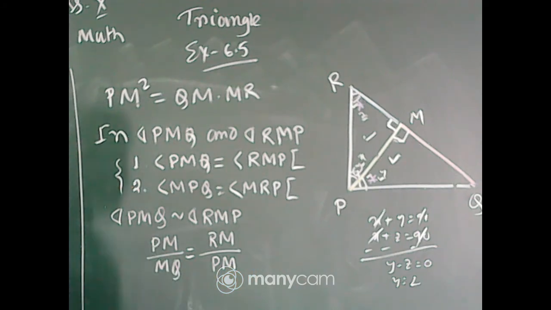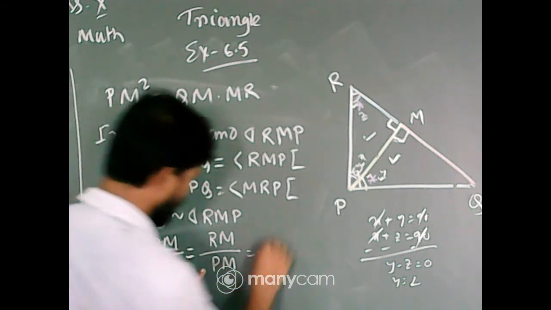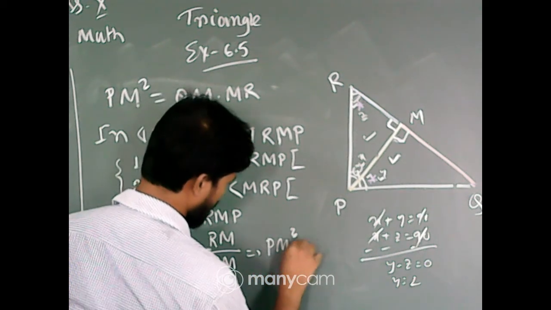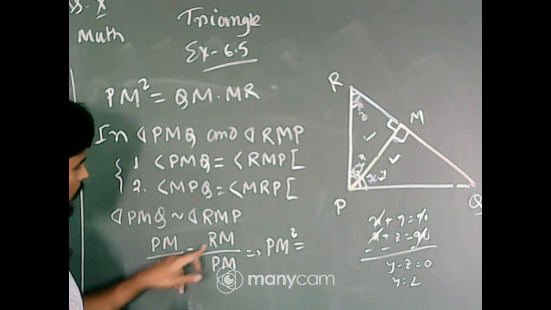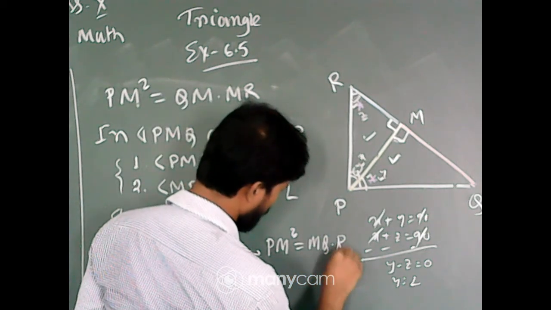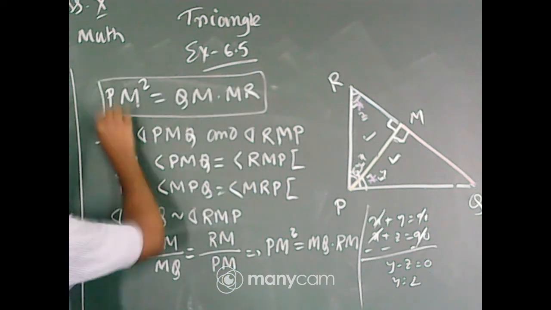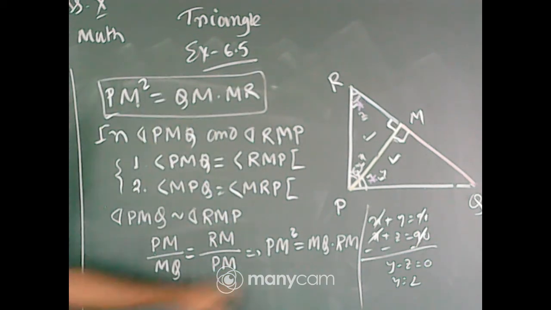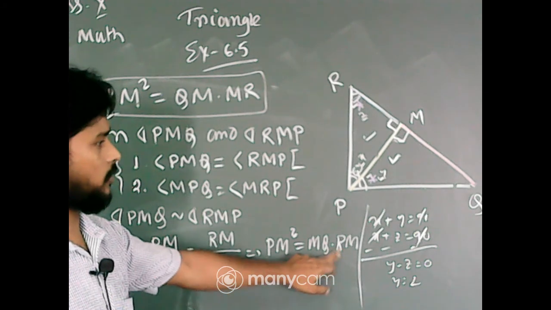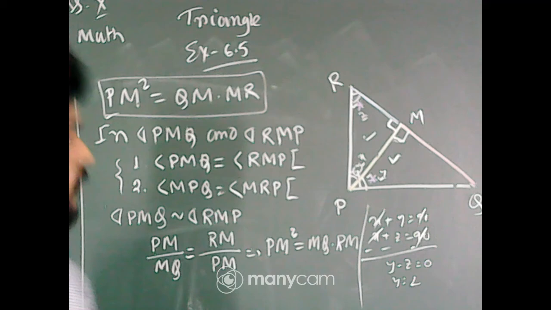Now do the cross multiplication. So PM into PM, that is PM square, is equal to MQ into RM. That was the proof to be proven. So this is the proof of this question. Okay, do you have any problem?